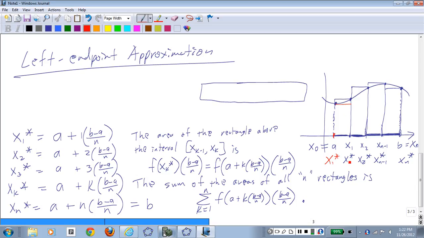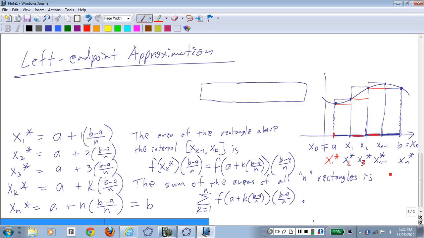And then x sub 2 star is going to be right there. This is the interval, and I'm using the left-hand endpoint, so it's going to be that rectangle. X sub 3 star is going to be the left-hand endpoint of that interval, so it's going to be that rectangle. I have to be careful with this.